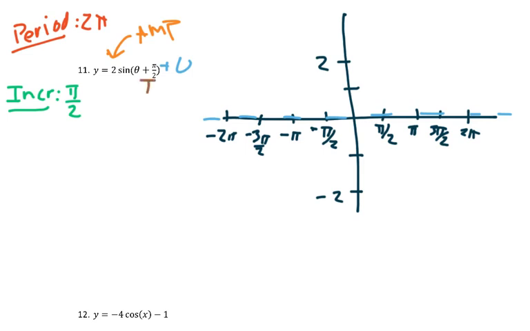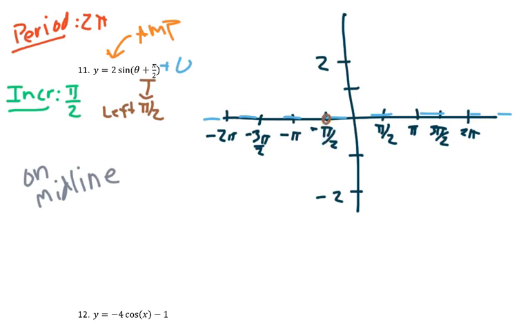And my phase shift, adding and subtracting inside, moves it left and right, and it's opposite. So this is going to move us left pi over 2. So sine normally starts on the midline. So normally we'd start right here at 0, 0. But because we're shifting it, we're going to shift it left pi over 2.